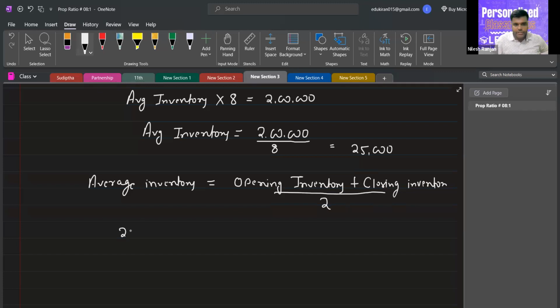Now average inventory is 25,000. Opening inventory is X, closing inventory is 1.5X, divided by 2.